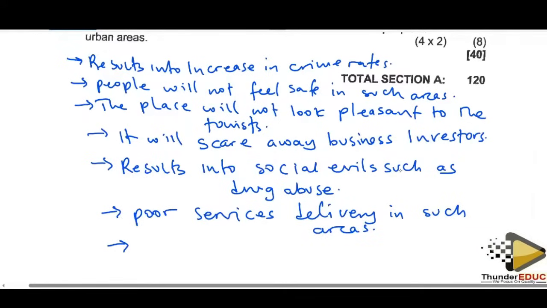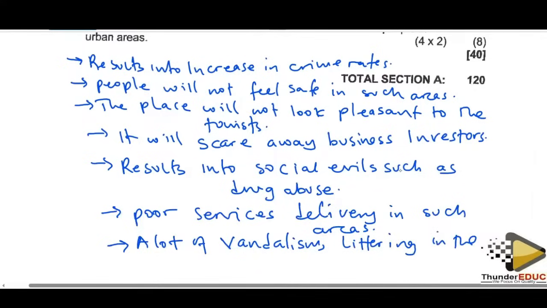Because of the rivalry, a lot of vandalism in the area.